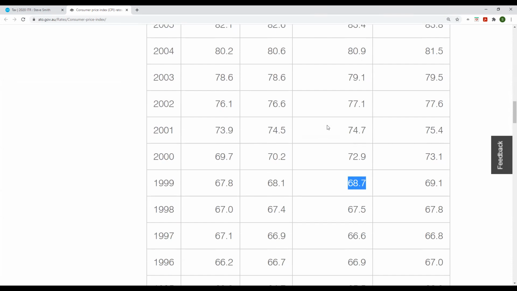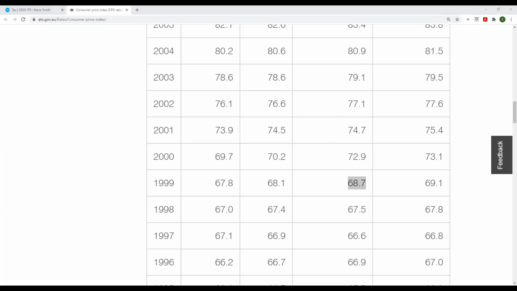So whenever you do this now, your sales figure is always 68.7, right? That's called the frozen index at 21st of September 1999. So 68.7 divided by 66.66 is 1.032. That's the way we got that number.